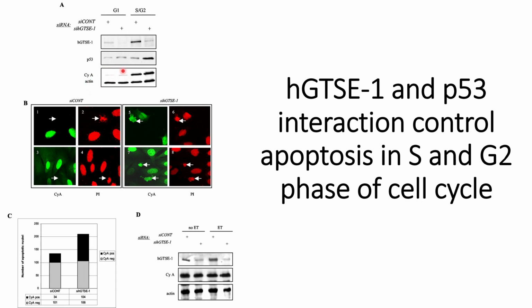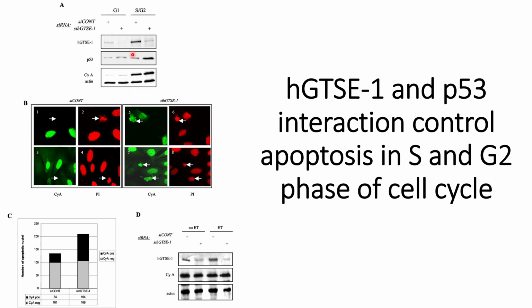When they check cyclin A, which is usually considered the marker antibody for S and G2 phase, it's also very low. So this indicates that the separation of G1 and S and G2 phase cells happened to a great extent, that is, the enrichment of cells in G1 and S and G2 phase separately happens efficiently, if not 100%.